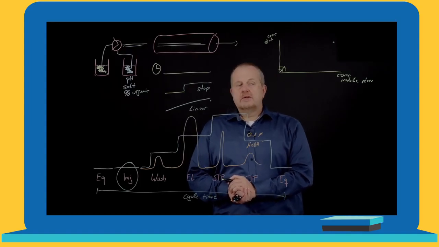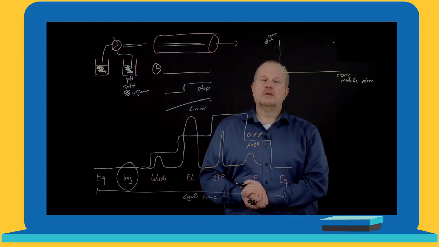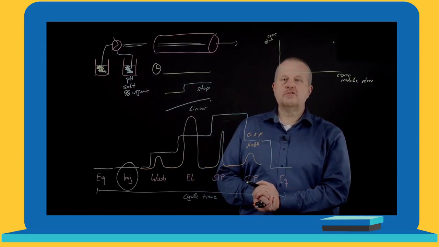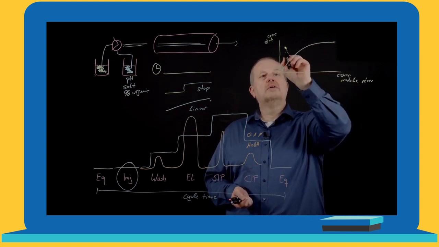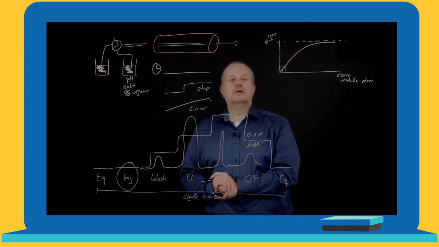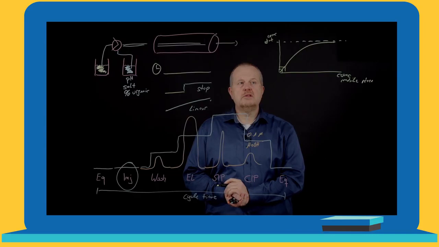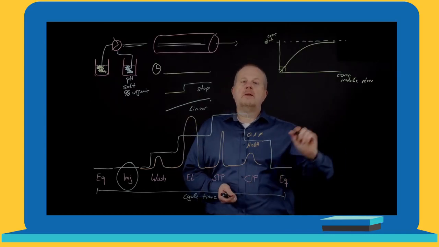And when we determine the loading at different concentrations of mobile phase, what we will see is that this flattens out. So we have a certain maximum capacity of our material to be separated.